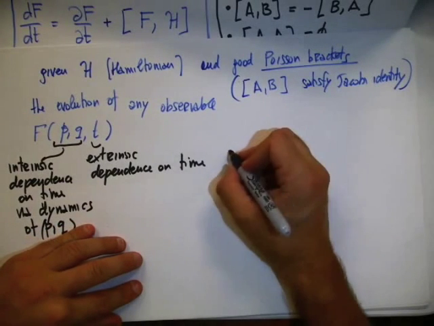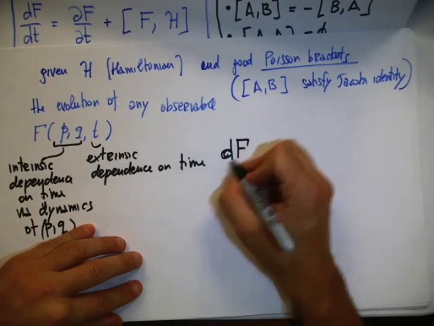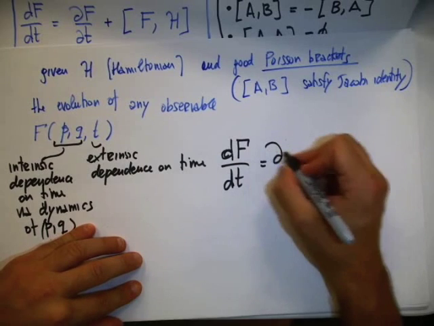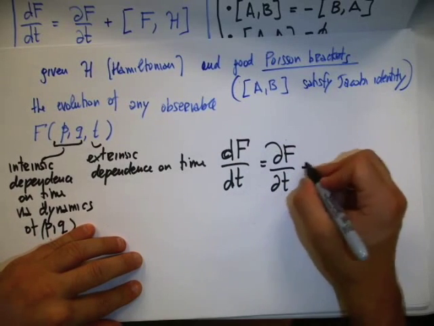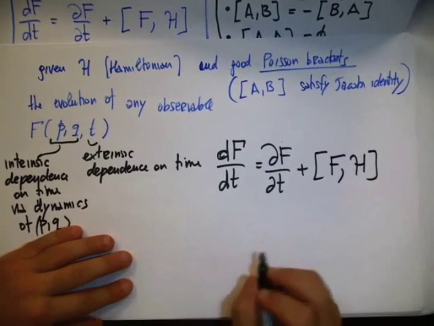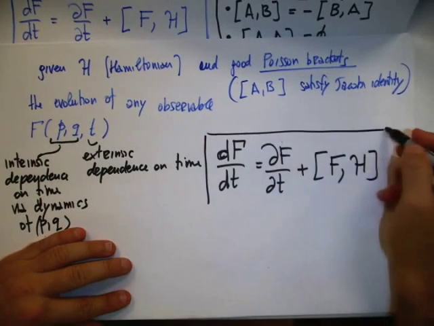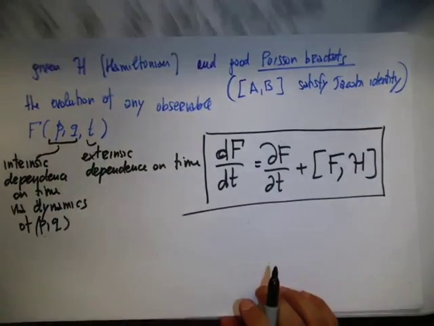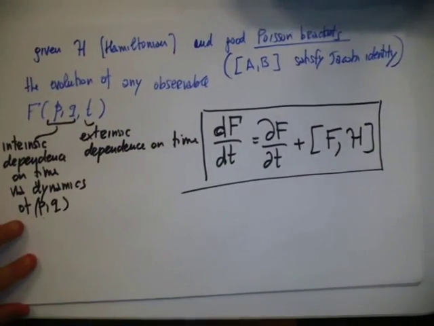So the evolution of any observable is given by the total time derivative df dt equal partial of f with respect to t plus f bracket with the Hamiltonian, and that is the main result.